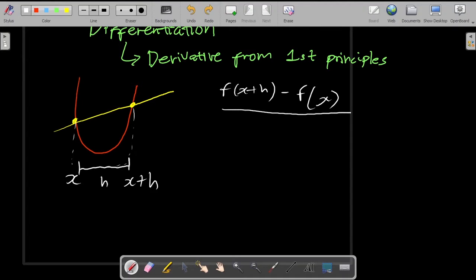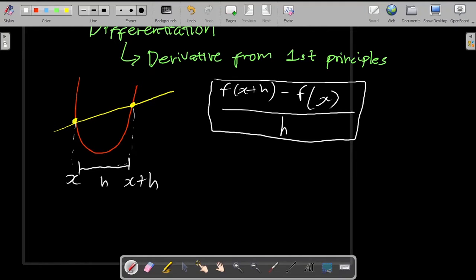So this is what that is. And then divide by the x values subtracting each other, and the result of that would just be h. So this is how you'd find the average gradient between 2 points.